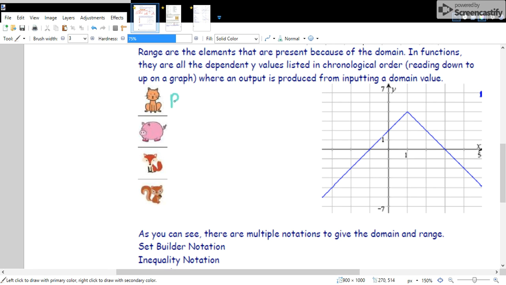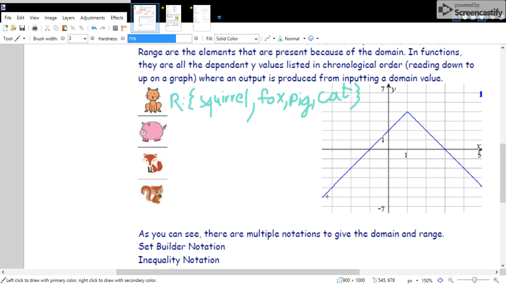So our range would be squirrel, and then fox, pig, and then at the top, our maximum value would be the cat. And you close your brace. So this is a discrete example.